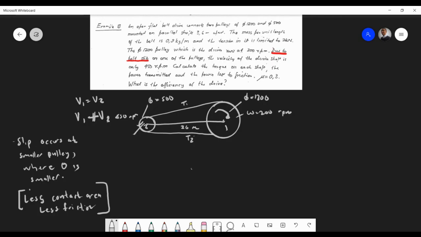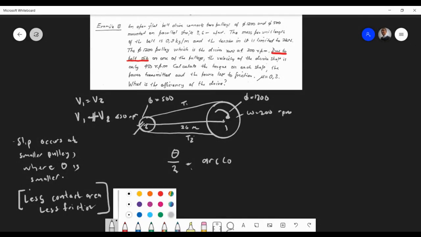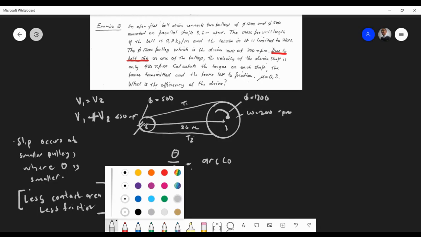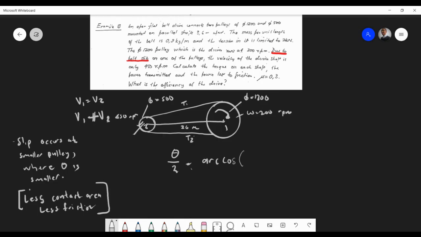So what do we do now? How do we find our angles? Our angle of lap is pi over 2, you say arccos. So do this with me here: R1 minus R2, so we have 600 minus 250, divided by 3600.